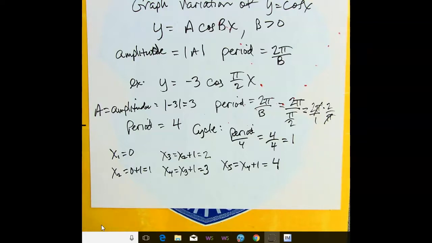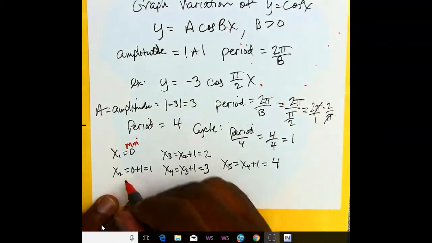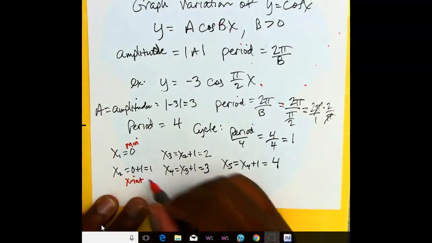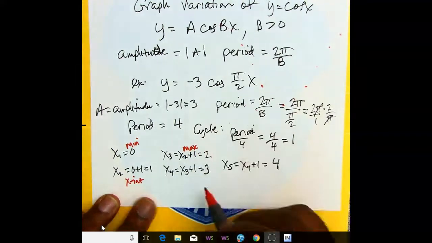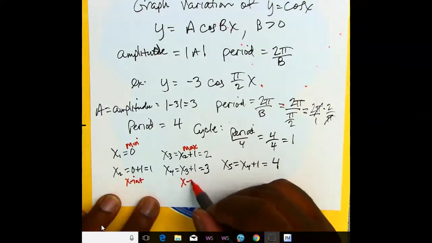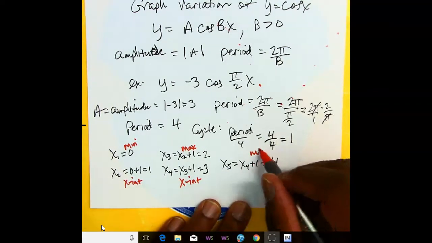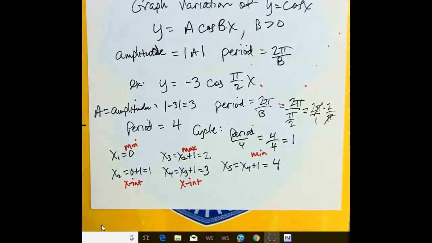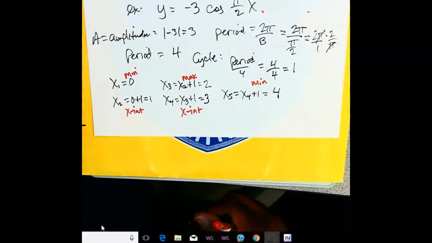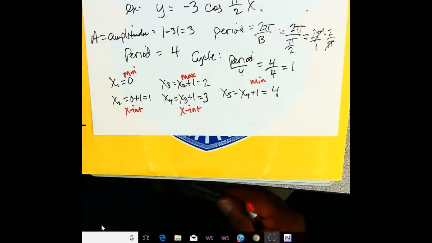So your 5 key points: x1 will be a minimum, x2 an x-intercept, x3 a max, x4 an x-intercept, and your 5th point will be a minimum. With the cosine, you're either going to have 2 minimums and a max or 2 maxes and a min. Our minimum value is negative 3. Our maximum value is positive 3.